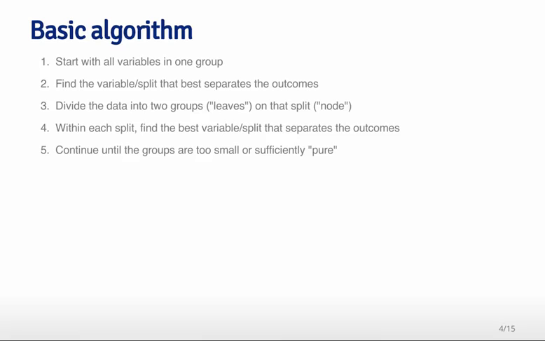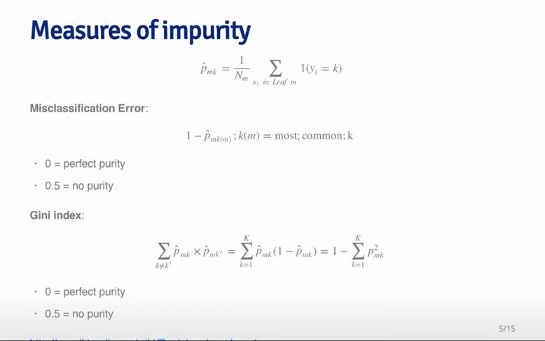There are different measures of impurity, and they're all based on basically this probability that you can estimate. Within a particular group, in the m-th leaf, you have n total objects that you might consider. And you can count the number of times that a particular class appears in that leaf. This is the number of times that class k appears in leaf m.